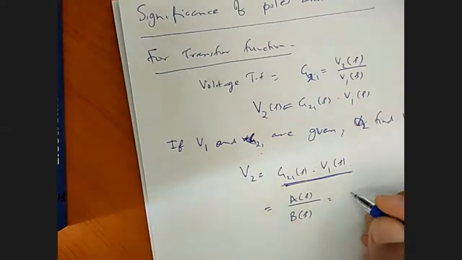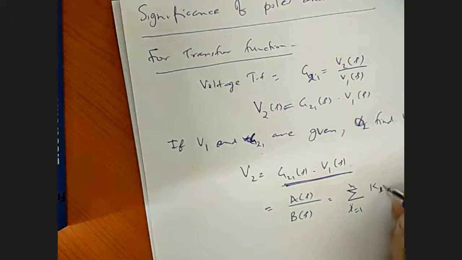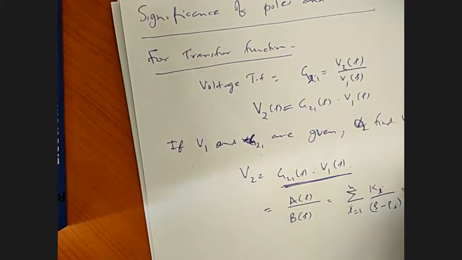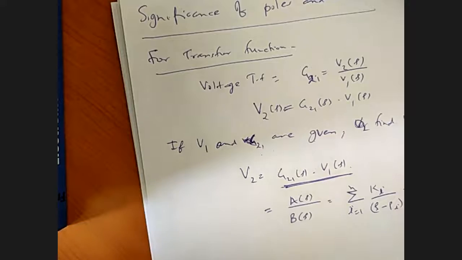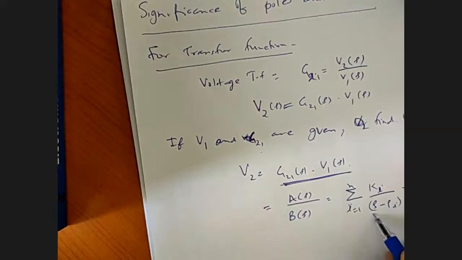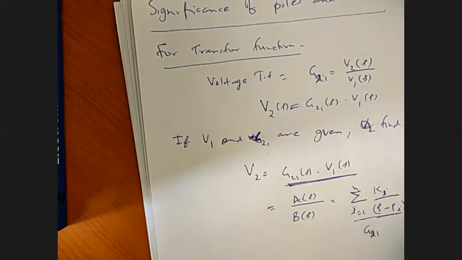So we can write the partial fraction expression: summation i equal to 1 to n Ki upon (s minus Pi), plus summation j equal to 1 to m Kj upon (s minus Pj). We are assuming that these are the poles of G21, and these are for V1.